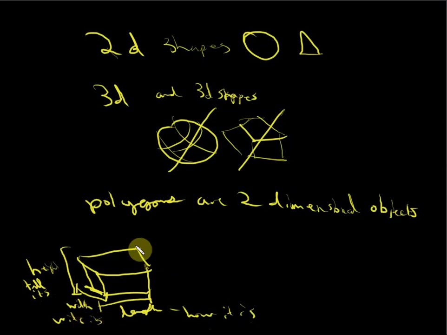Now when we draw a polygon, we tend to draw it like this. So you might think, okay, this is the height, and this is the width or length.